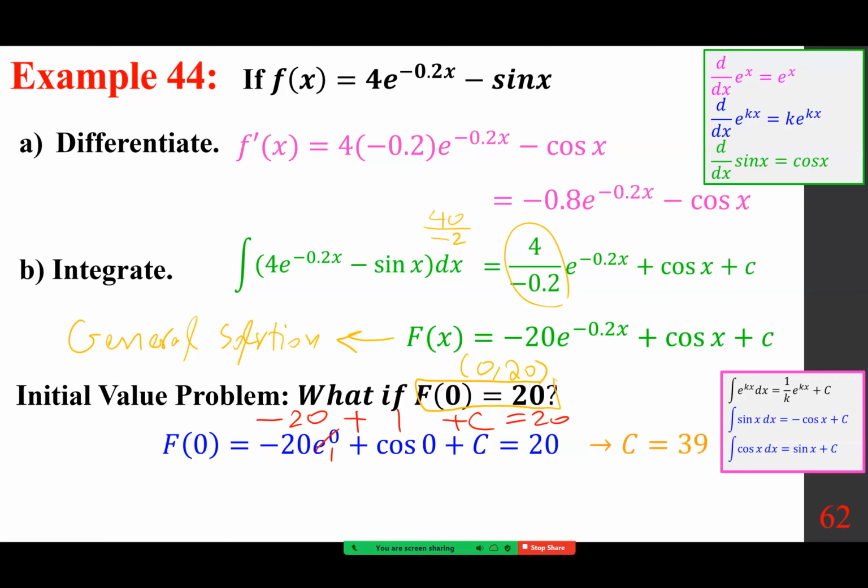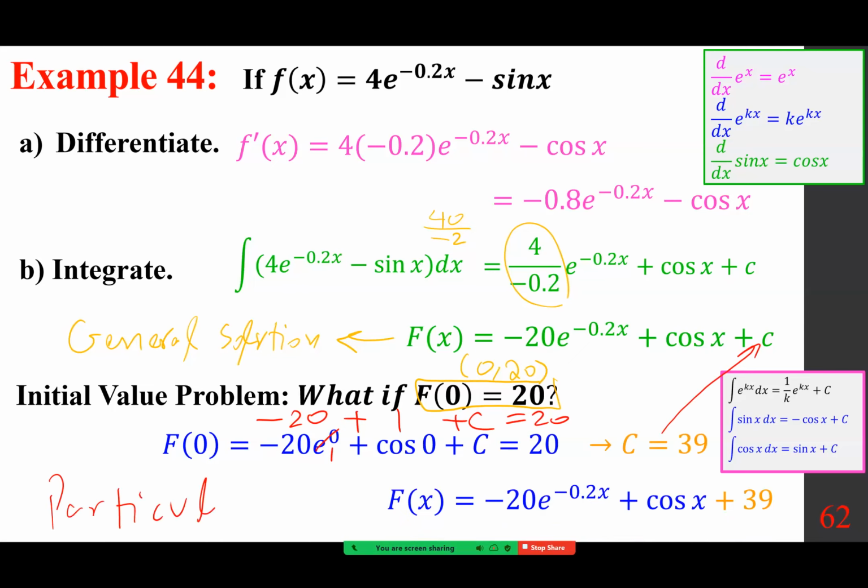C is 39. And now this is a particular solution. Now, this was a general solution, a family of functions. This is one solution, one of those solutions, because a pair is given.